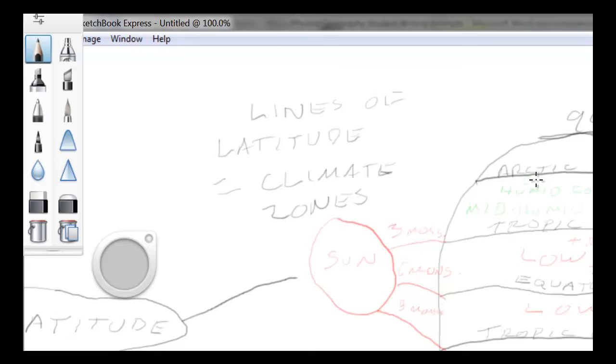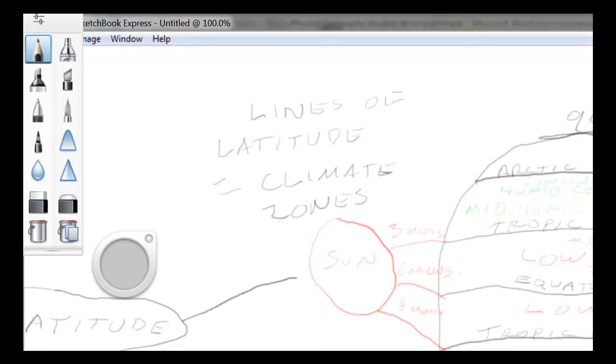So those are some very general ideas that we can make with latitude systems, and of course with a little basic knowledge, knowing that there's more land in the northern hemisphere than in the southern hemisphere, we can't make the same generalizations in the southern hemisphere, though we do have some areas with humid continental and Mediterranean, humid subtropical.